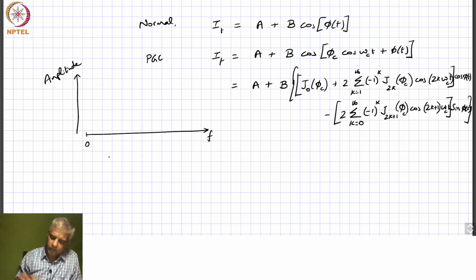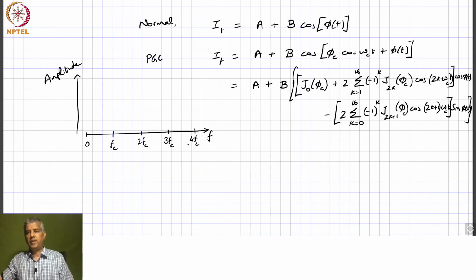So, now you have essentially Fc, 2Fc, 3Fc, 4Fc and so on, and this is the DC term, but then this one corresponds to essentially the even components. This corresponds to 2Fc, 4Fc, 6Fc and so on, whereas this corresponds to Fc and 3Fc and all that.